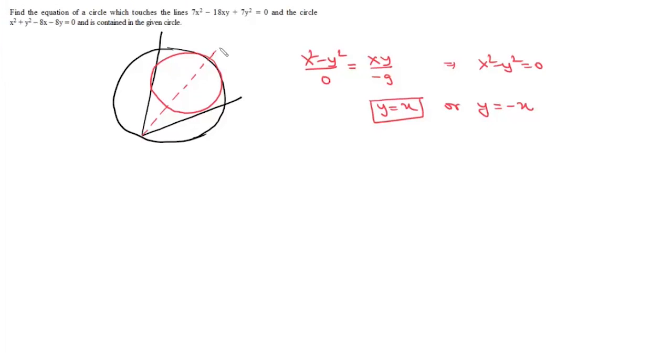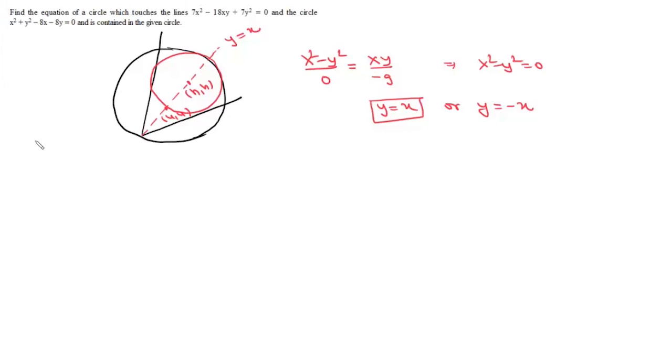So this line is y equals x. Now let this point be (h, h), and the center of this circle is at (4, 4).